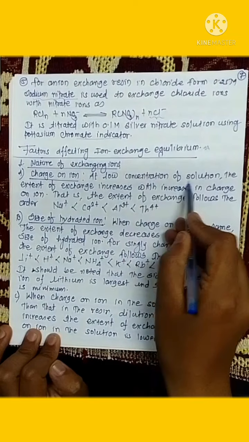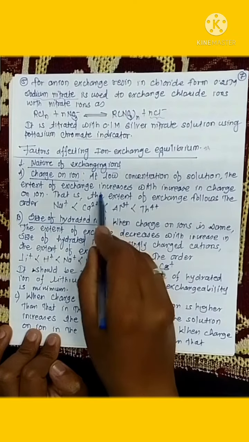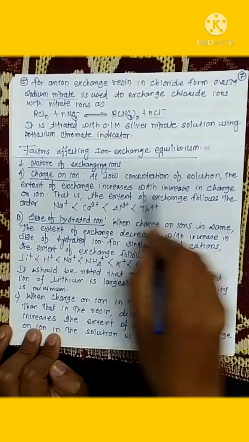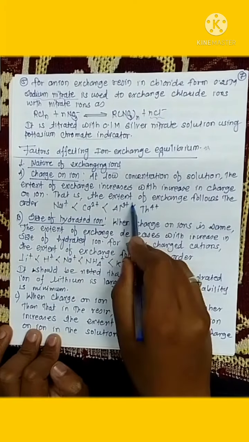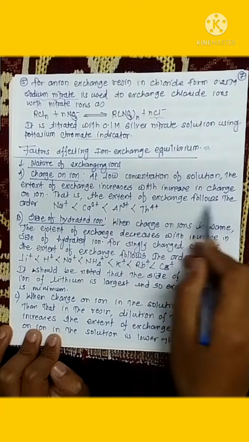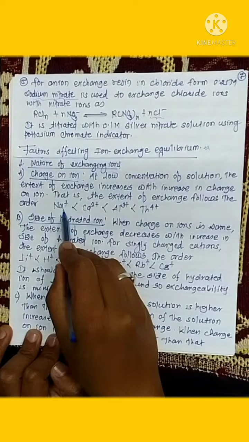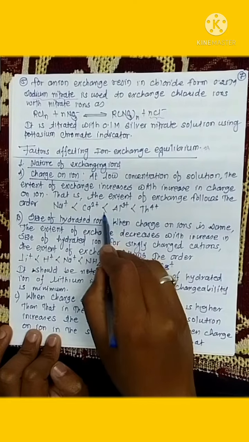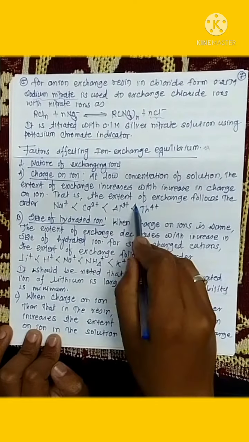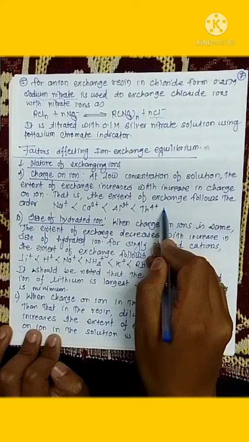At a low concentration of a solution, the extent of exchange increases with increase in the charge on the ion. That is, the extent of exchange follows the order Na+ < Ca2+ < Al3+ < Th4+.